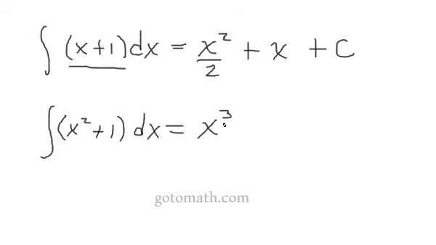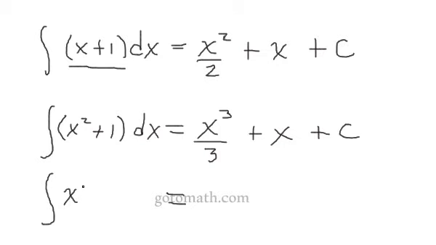That gives us a 3, and of course it's over 3, and then of course we take the integral of 1 and we get back x plus c. So remember, you take the derivative of this and you should get back x squared plus 1. So that's the good thing about doing integration. You can always take the derivative and check your answer.